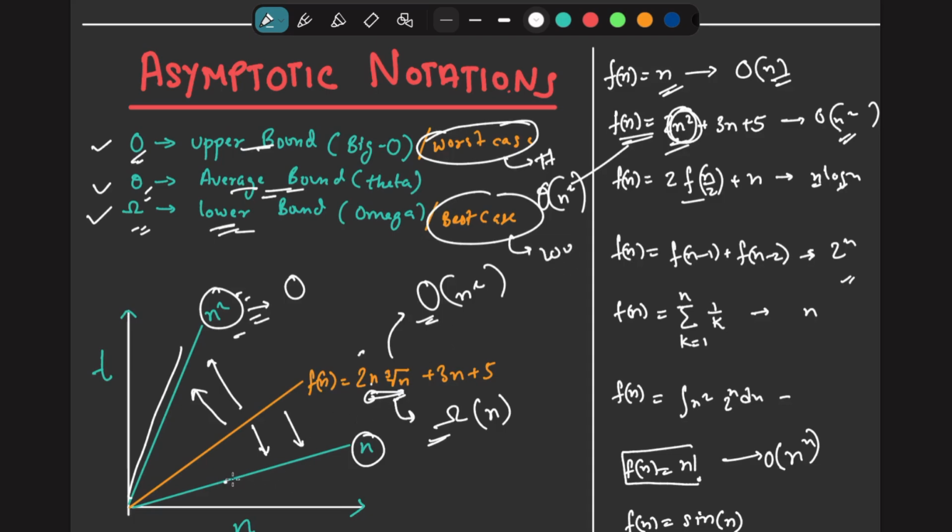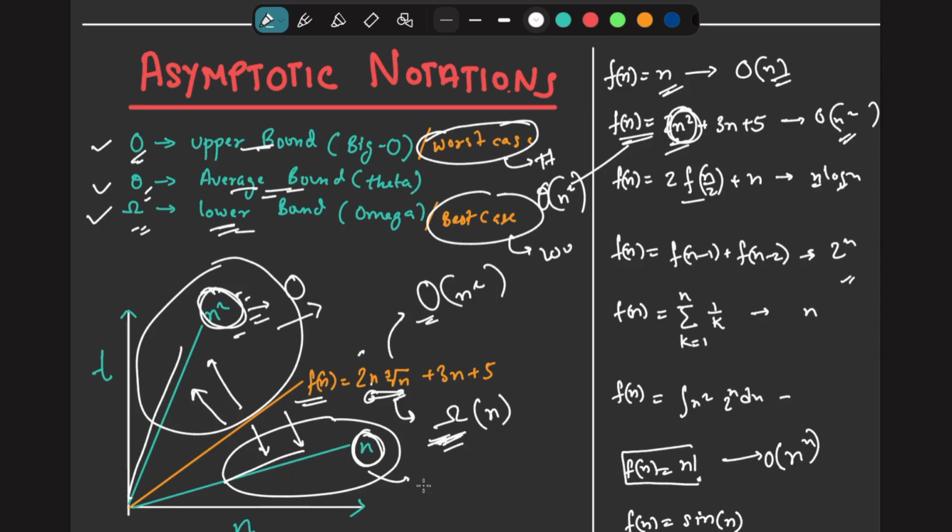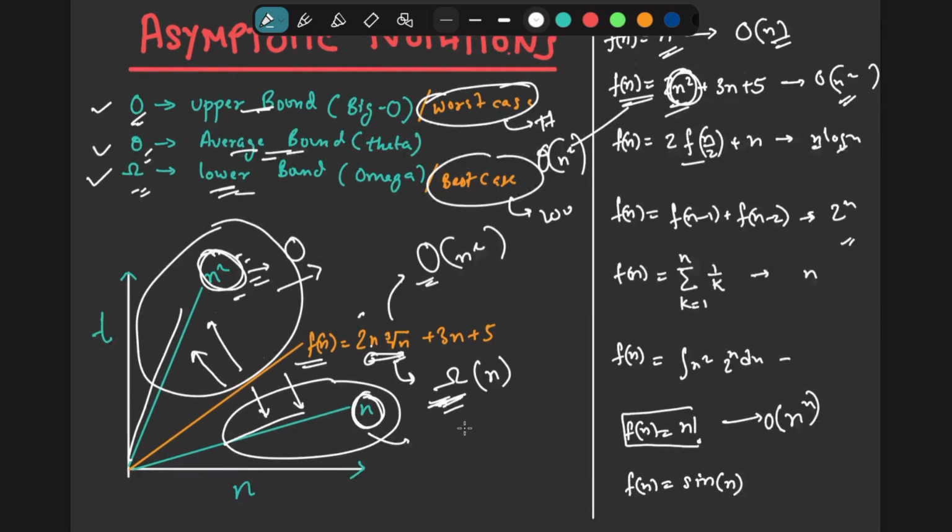Since the graph of this n is below it, the best case will be that it takes time function n, and the worst case will be that it goes till n square. So any function coming under this region of this function will come under worst case, and below it every function will come under best case.